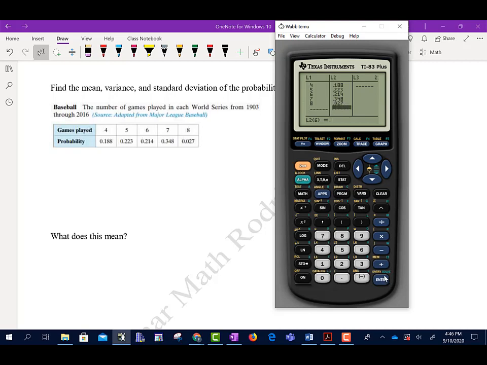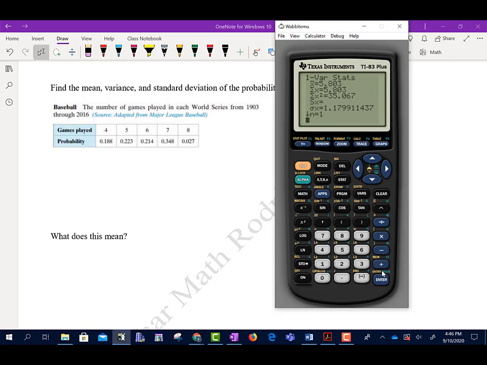Okay, enter. And now what I'm going to do, I'm going to go to stat again. I'm going to calculate my one variable stats. Okay, I'm going to open up my parentheses. Again, on your app, that'll already be there, right? You're going to hit L1, comma, L2. Okay, we're going to hit enter.